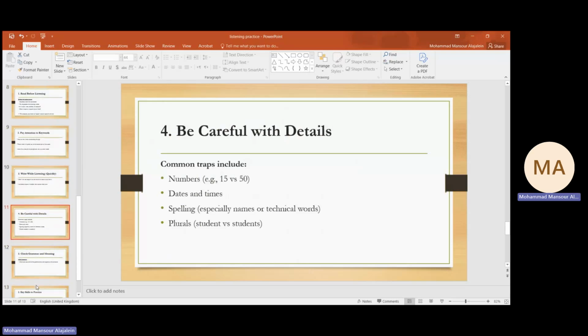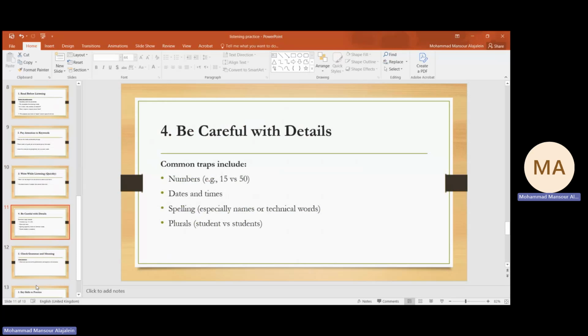Be careful with details. What kind of details do you need to be careful with while listening? Numbers, okay? Specifically when we are doing valuable tests like IELTS or TOEFL, they want you to pay attention to the specific details.